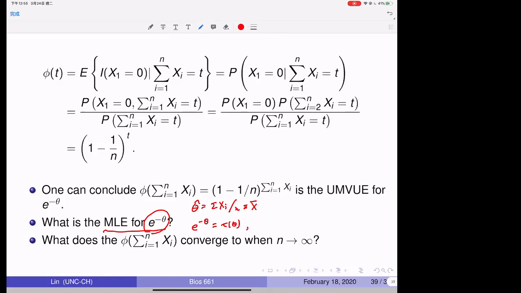That means the MLE for e to the minus theta is nothing but e to the minus x bar. Because the MLE of theta is x bar, the MLE for tau of theta is nothing but plugging in where theta is, called the invariance property. Okay, good.